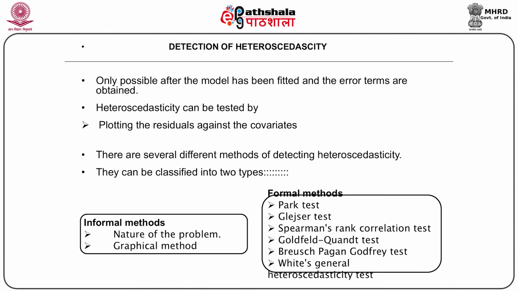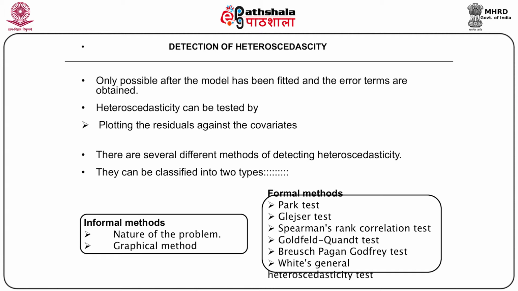In detection of heteroscedasticity, there are several methods. They can be classified broadly into two types. Informal methods: the two types of informal methods are the nature of the problem, where knowing the nature of the problem helps in detecting the presence of heteroscedasticity, and the graphical method.